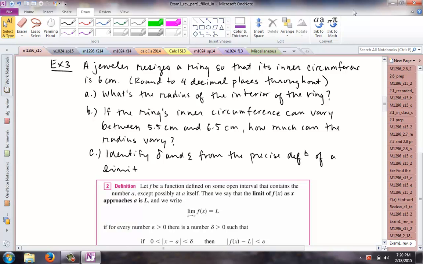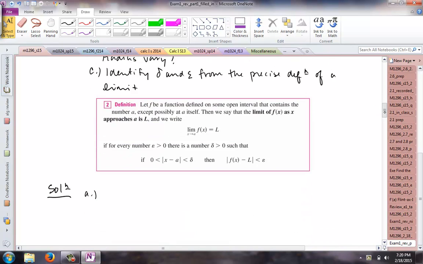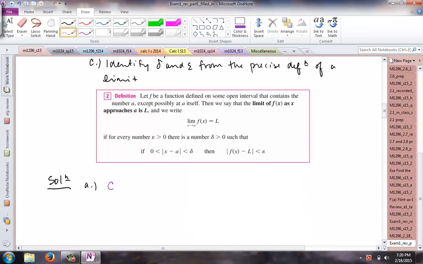So let's see what the question was, or what we were given. Again, a jeweler resizes a ring so that its inner circumference is 6 centimeters. So circumference is 6. What's the radius? Circumference, again, was 6 centimeters.